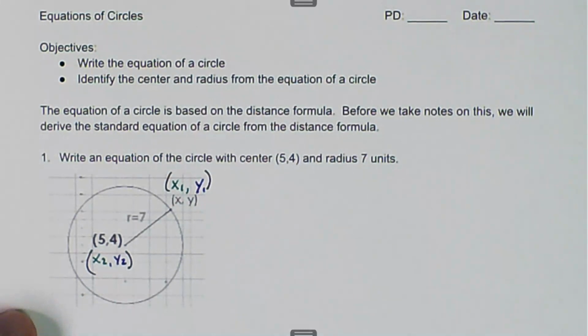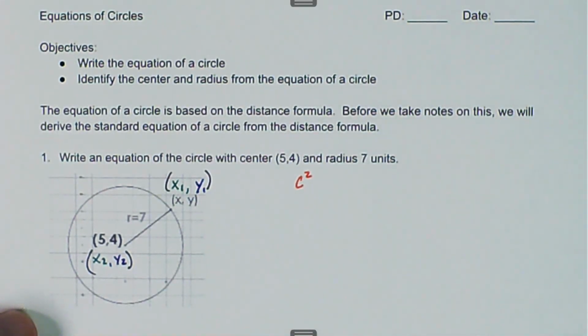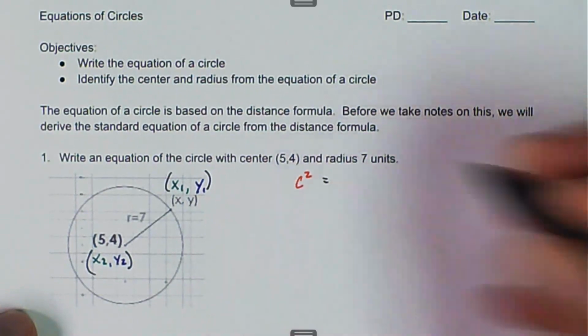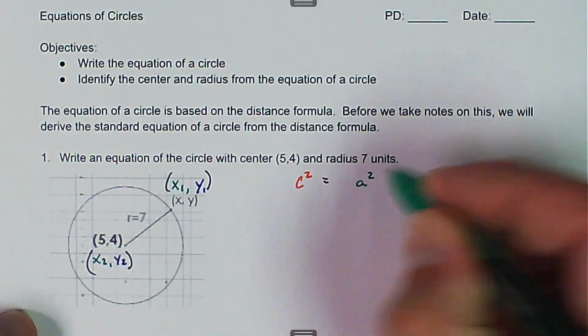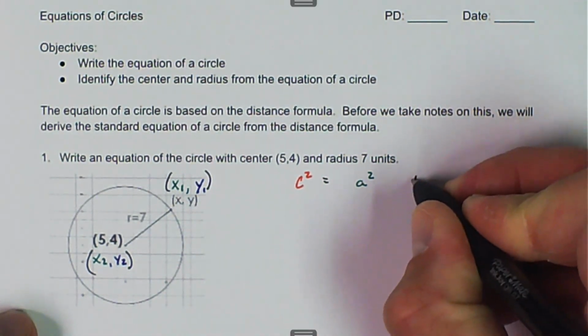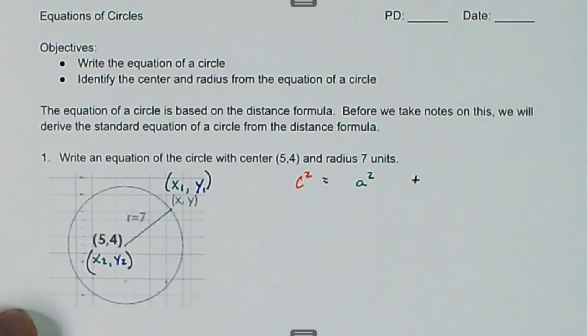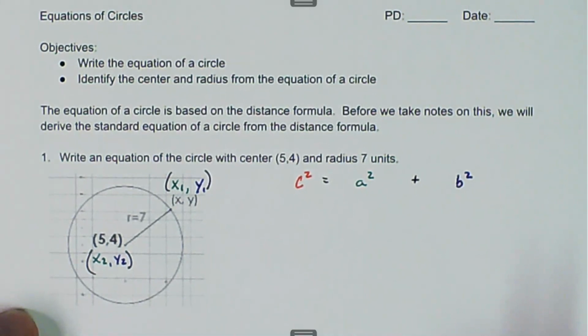So we did talk about it being derived from the distance formula, but the distance formula is derived from the Pythagorean theorem. And the Pythagorean theorem is c squared is equal to a squared plus b squared. Now, in order for the Pythagorean theorem to work, we have to be dealing with a right triangle.